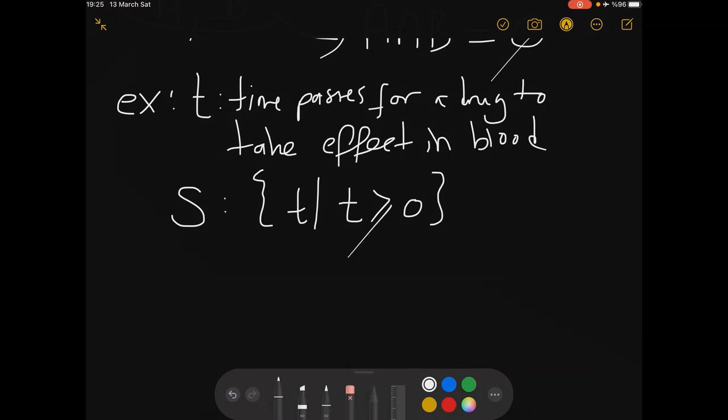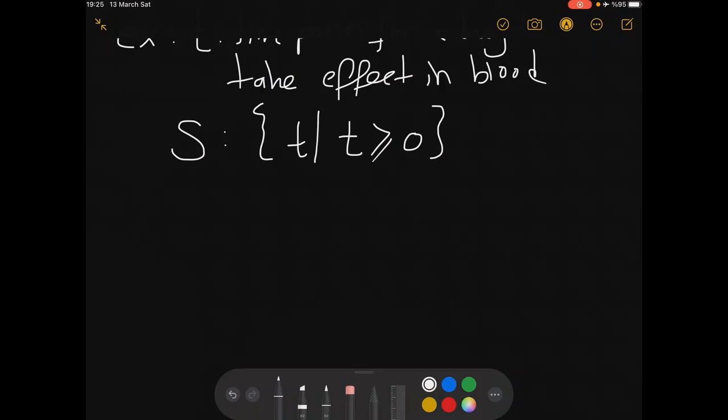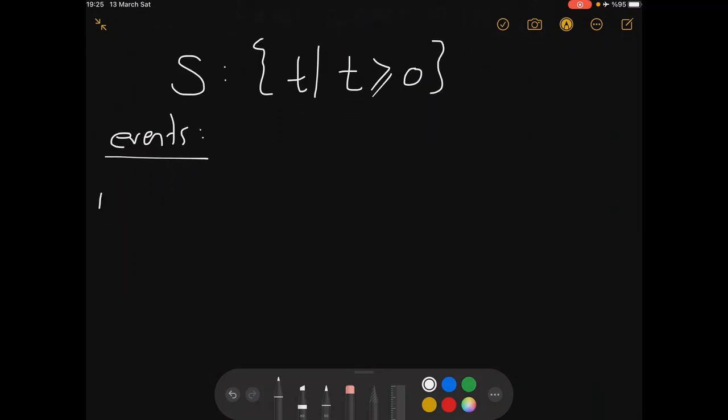So I will just write it like this. So that's the idea. Okay, now let's define some events here to play with. Let's define some events here together.